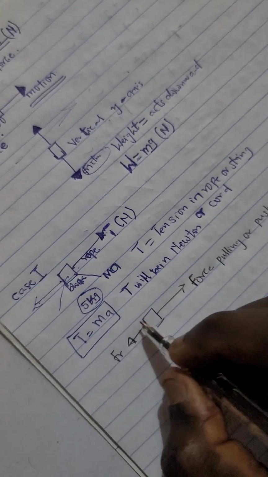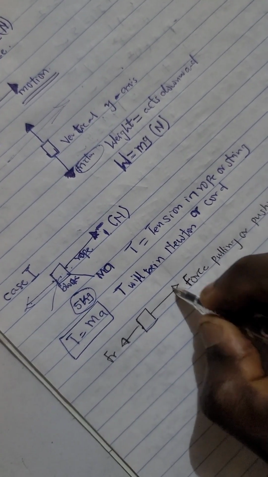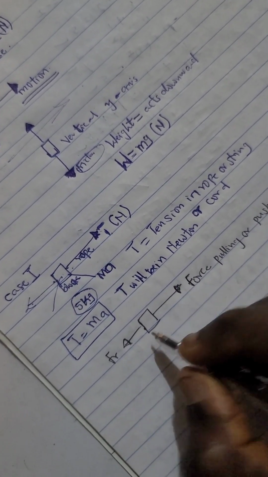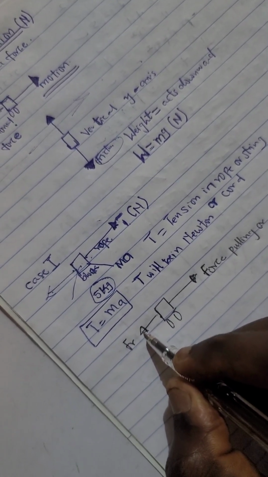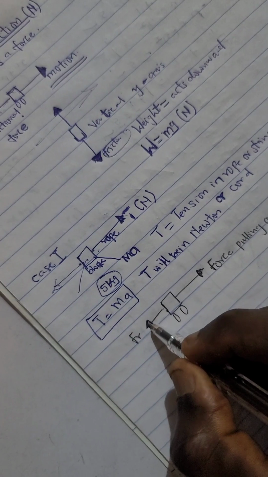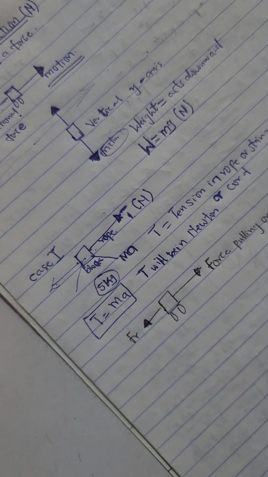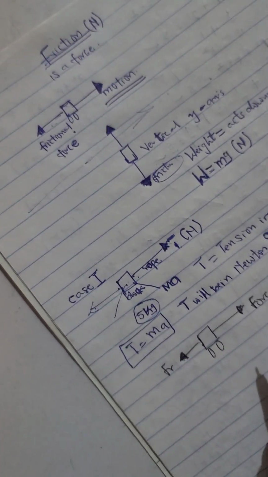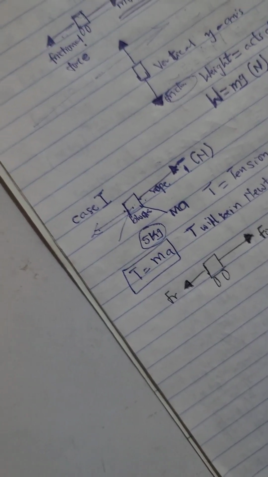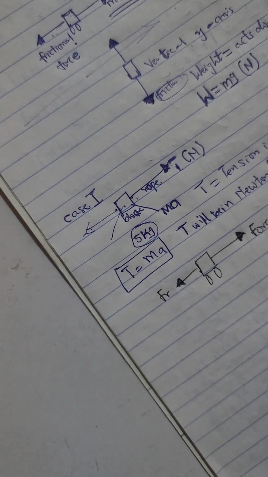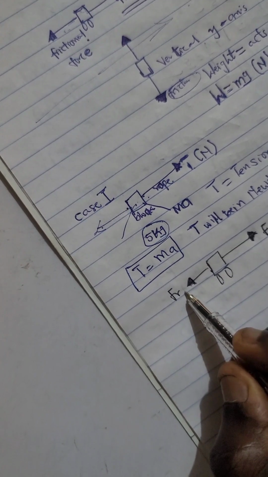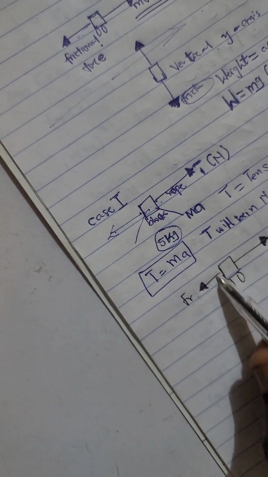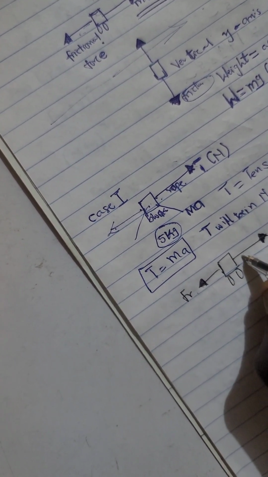This force is the one that is taking it to where it's supposed to go, but this one is the frictional force that is more or less opposing it. We said frictional force is the force that opposes motion. If this is the force that is making it move, and this is the frictional force, we talk about this being a rope.